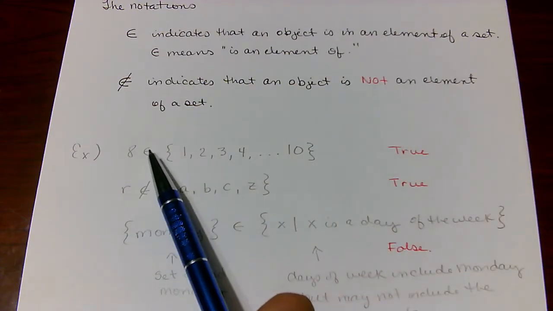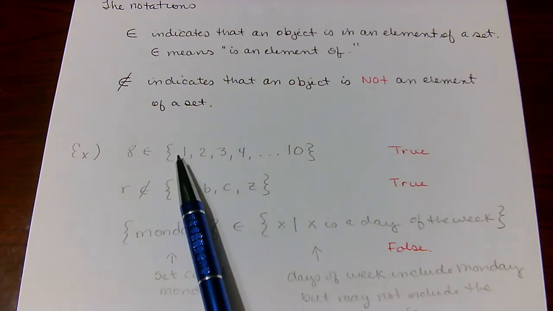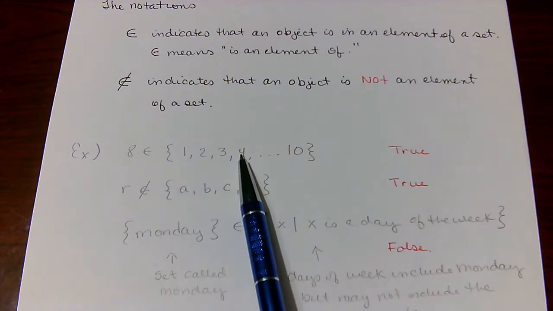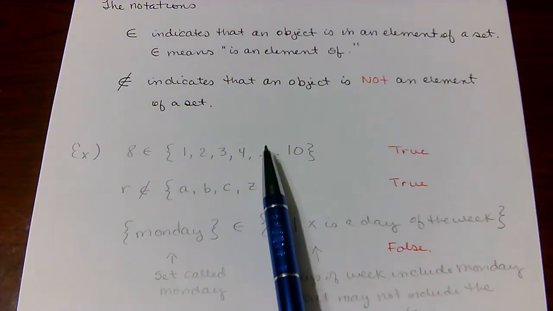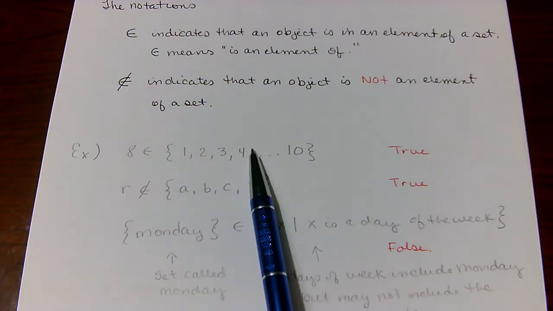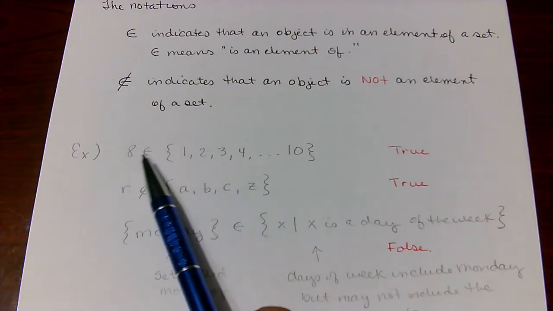Okay. 8 is an element of this set. If you notice here, we have the numbers 1, 2, 3, 4, and then three dots. These three dots mean that the pattern will continue all the way to 10.